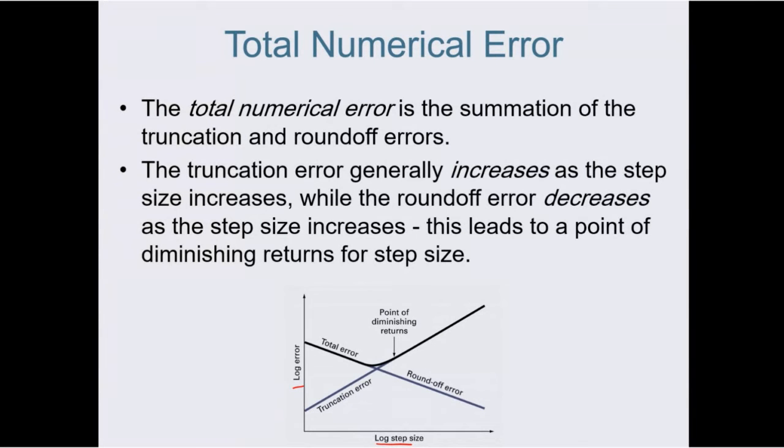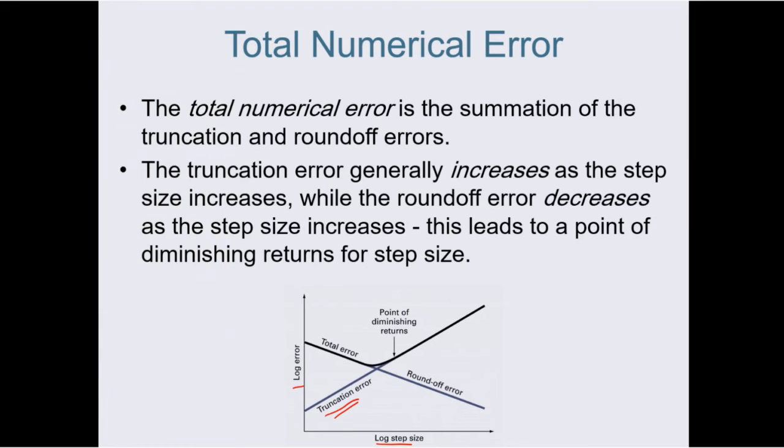As we increase the step size, the truncation error increases, and the round off error decreases. We have seen earlier that if the numbers are close together and we subtract them, then we expect to get bigger round off errors.